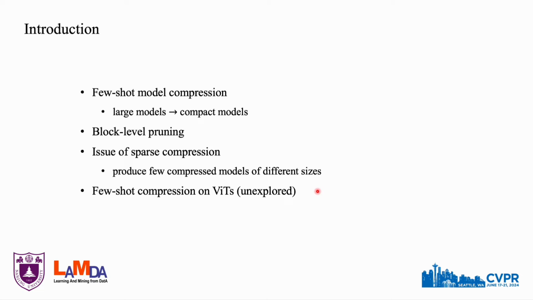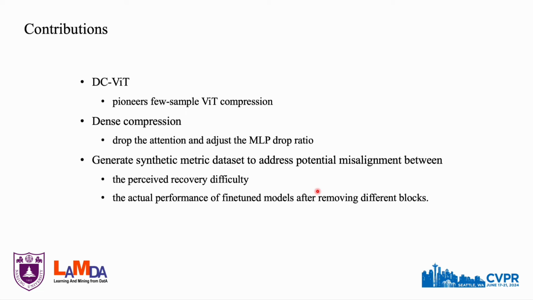In this paper, we propose a novel framework named DCViT that pioneers few-sample ViT compression. We advocate the benefits and necessity of dense compression in particular applications, which is achieved by selectively eliminating the attention modules while retaining and reusing portions of the MLP modules.